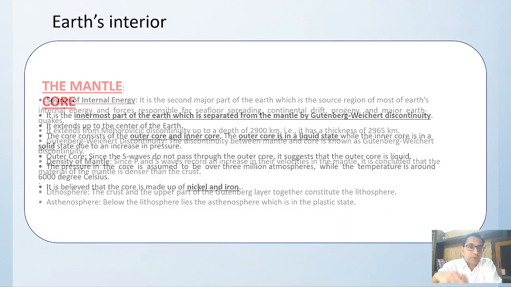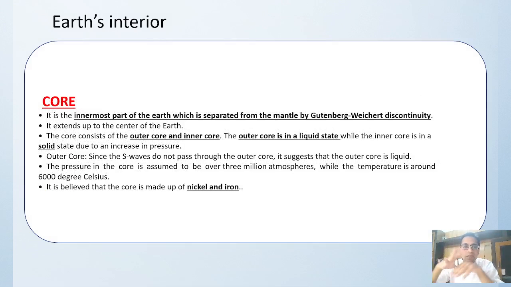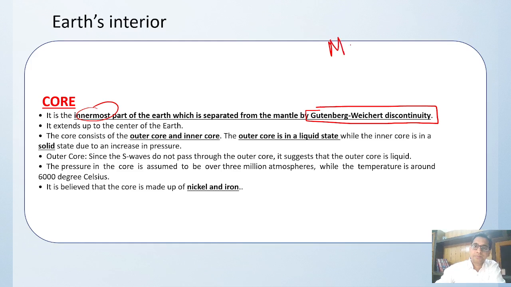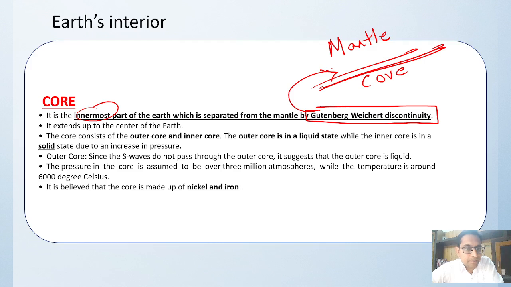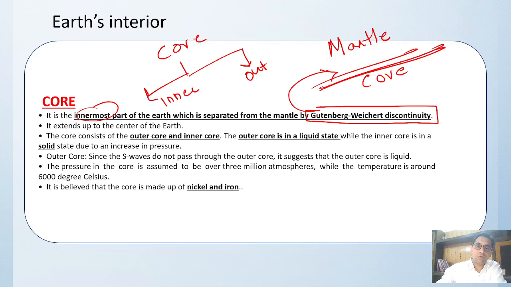Okay, so now the core area. Core area is the totally central part of the earth. It is the innermost part of the earth which is separated from the mantle by Gutenberg-Wiechert discontinuity. So between mantle and core we have Gutenberg-Wiechert discontinuity, right? Under the core area we have inner core, and then we have an outer core. Outer core is in liquid state and inner core is in solid state.